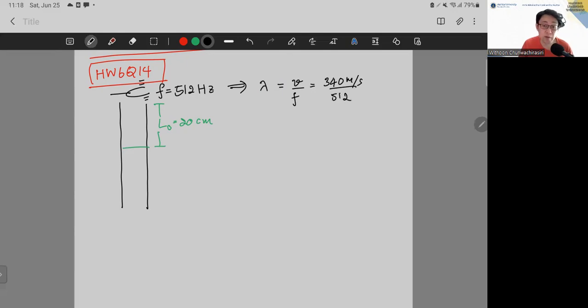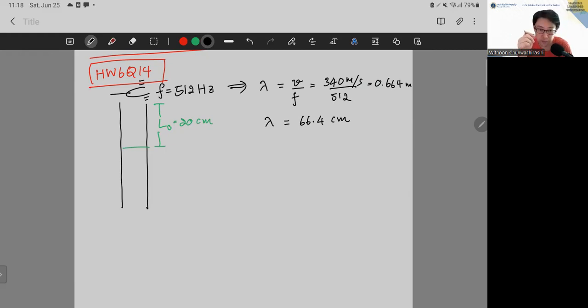Punching the calculator, 340 divided by 512 is 0.664 meters. In centimeters, it's 66.4 centimeters. That's the wavelength of the sound generated.